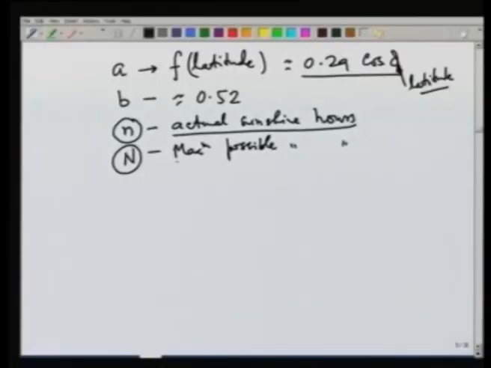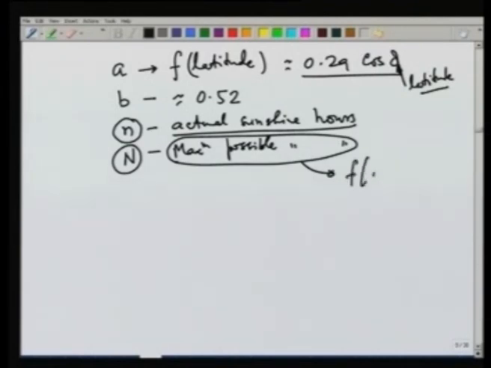N, of course, maximum possible sunshine hours is again a function of latitude and the time, latitude and month, and typically varies from 8 to 16. For example, if you have winter months at high latitudes, number of daylight hours may be as low as 8. If you have summer months near the equators, number of daylight hours may be as high as 16.